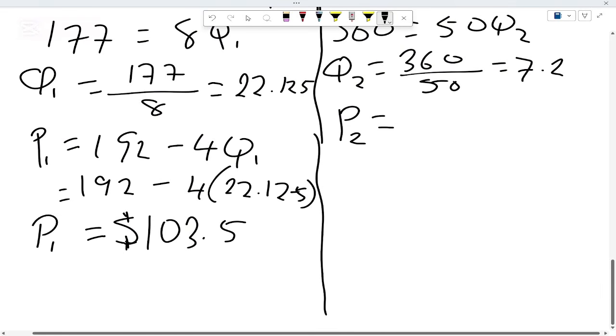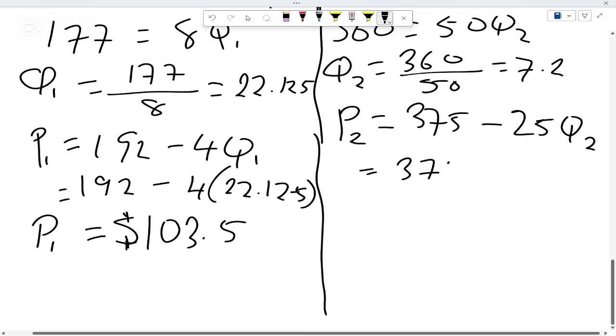Then you do the same thing for the second market. Your P2 is equal to 375 minus 25 Q2, where your Q2 is giving us 7.2. So you have 25 multiplied by 7.2, close bracket.